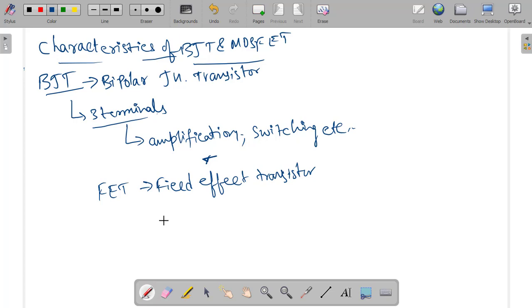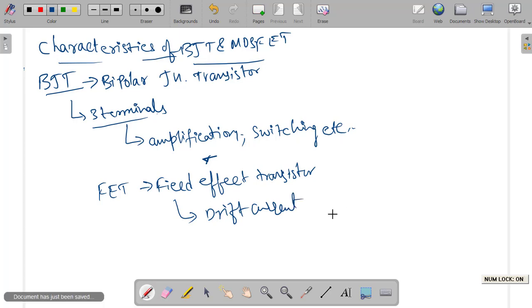Here in this FET you have current flow only due to majority carriers, and the current flow in this FET is drift current. When the current flow is dominated by the majority carriers, you call it drift current.